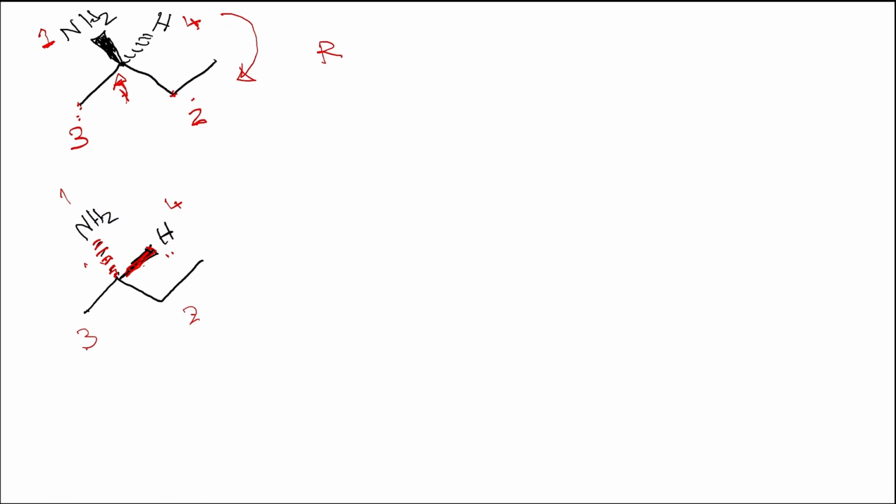So you swap the position of the hydrogen and the one that is at the back. We keep them on paper in the same place, but we just replace the type of bond. So we're going to make the hydrogen at the back like this, and we make the amino group NH2 as if it's at the front.